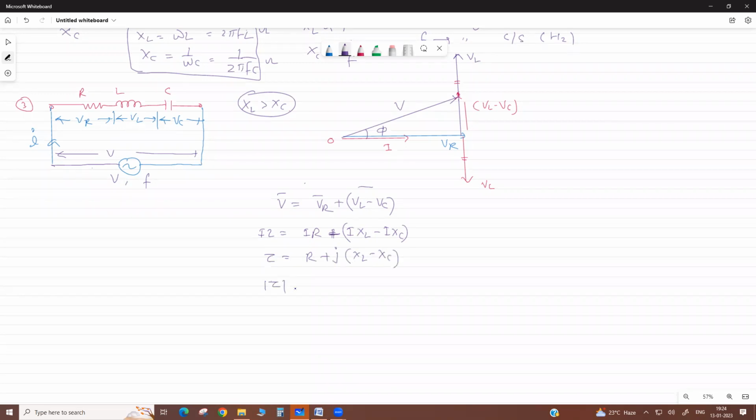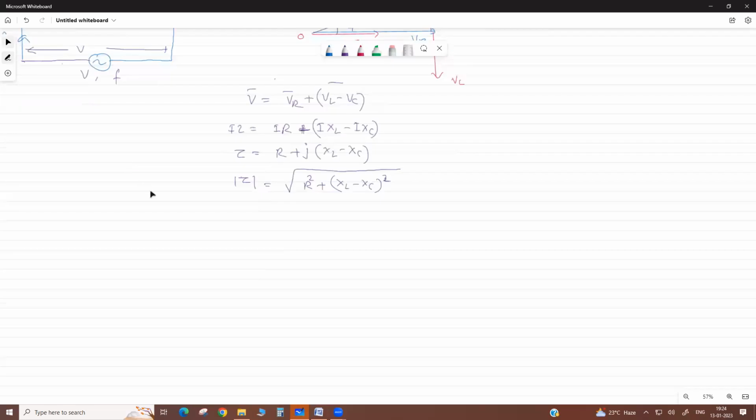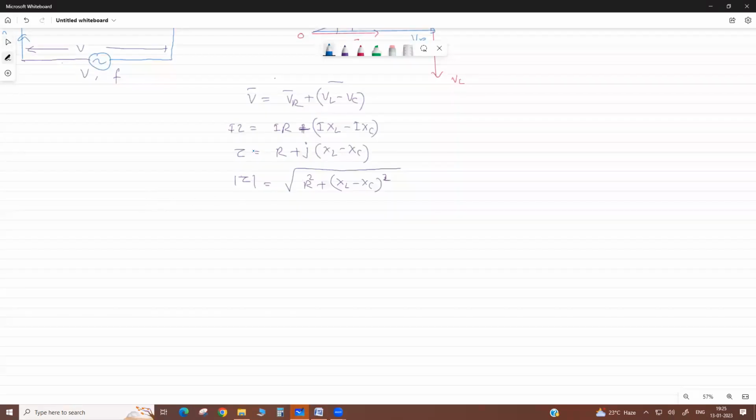If we calculate the magnitude of Z, it is the square root of R square plus XL minus XC whole square, in ohms.